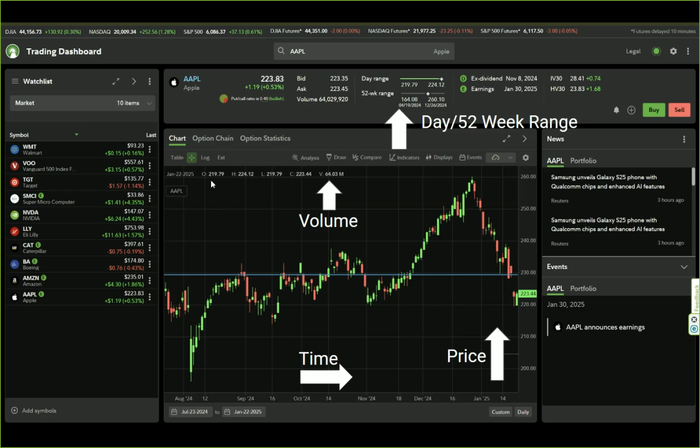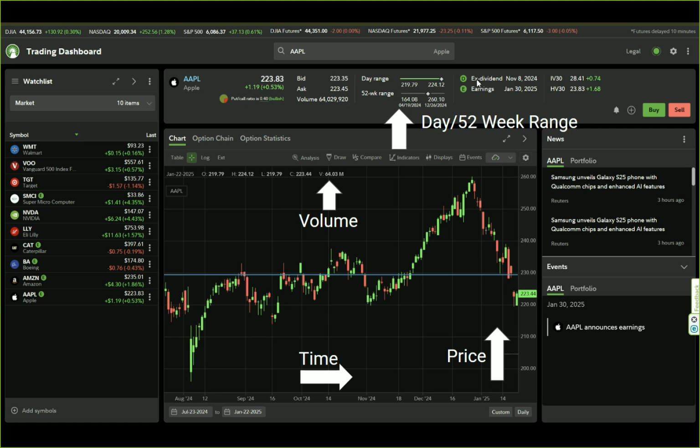It's very important. Here's the open, the high of the day, the low of the day, the close, and the volume. And on top you can also see the bid and the ask price. The ask price is the price that sellers want, and the bid price is the price that buyers want.